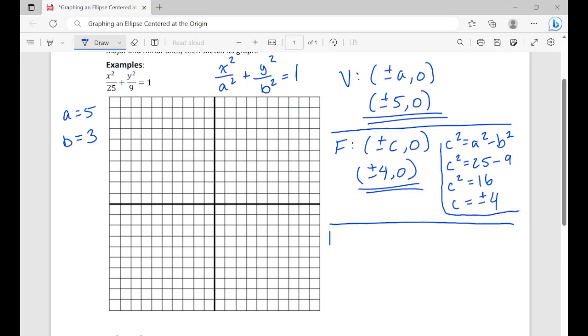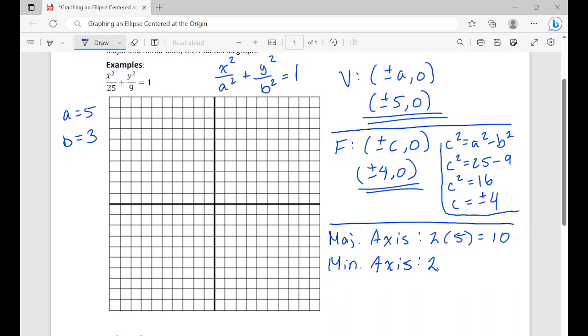Next, we're going to go with the major axis. And the length of that is just double a. So 2 times a, so 2 times 5, which is going to be 10. Then the minor axis length is just 2 times b.